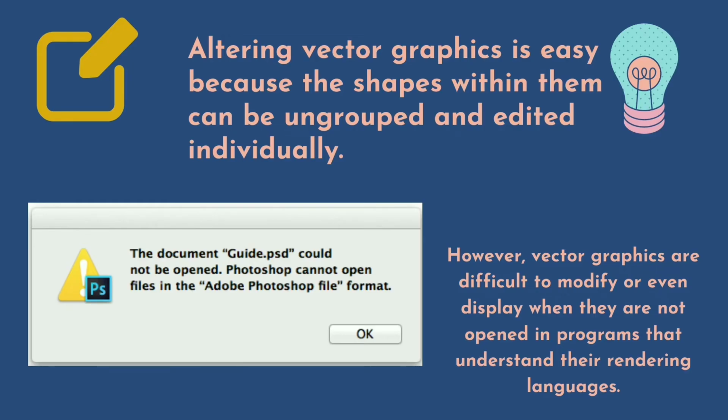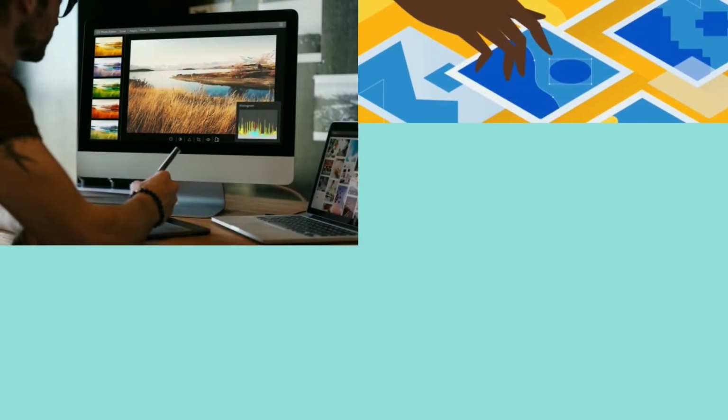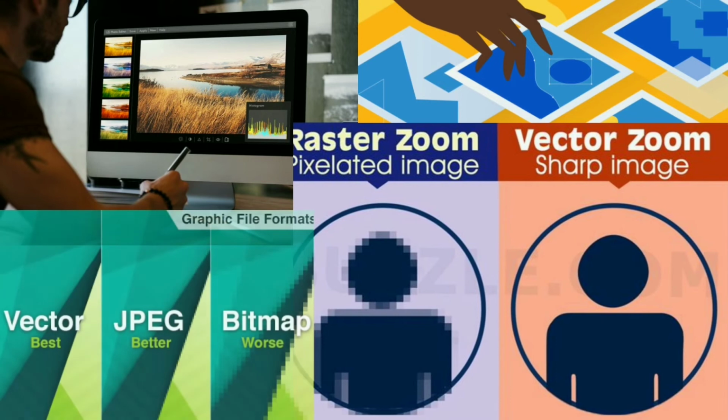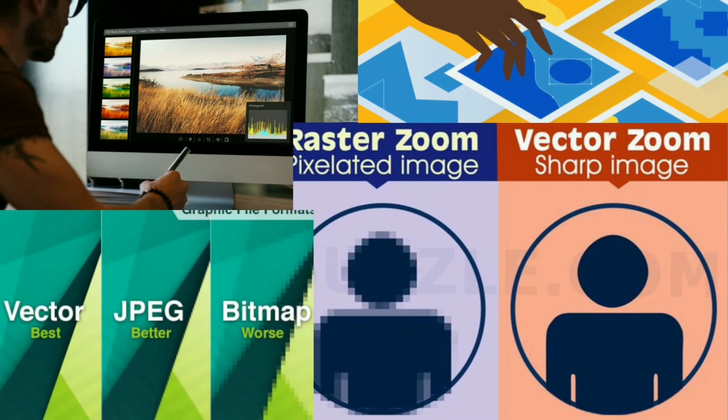Altering vector graphics is easy because the shapes within them can be ungrouped and edited individually. However, vector graphics are difficult to modify or even display when they are not open in programs that understand the rendering languages. Most paint applications, however, are capable of opening many different kinds of bitmap graphic formats. Vector-based images are not made up of a specific number of dots.